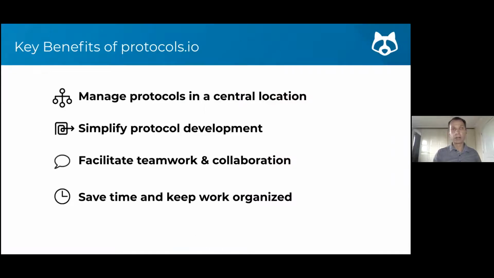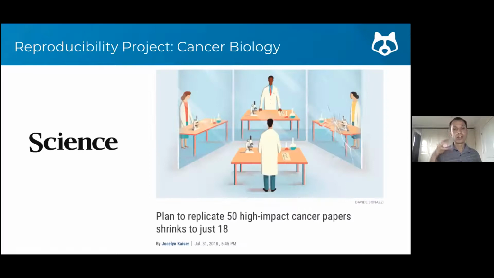So our mission at protocols.io is to make it easy to share the method details before, during, and after publication. And the before part is absolutely critical because that's what allows teams to make sure that the knowledge stays even when people leave.